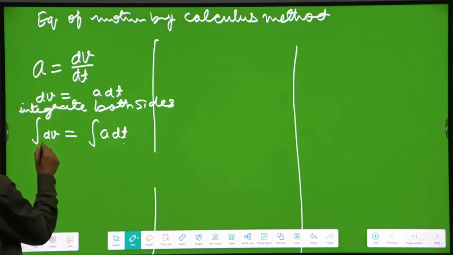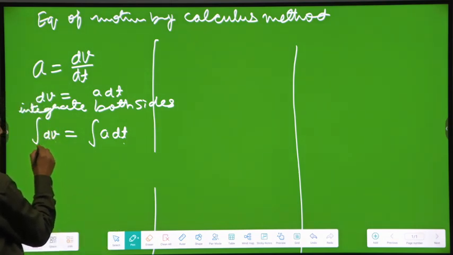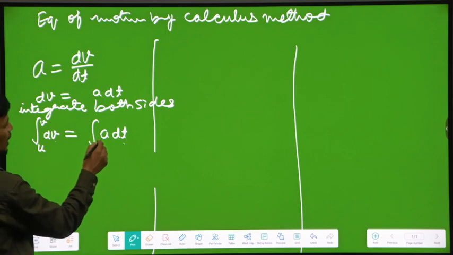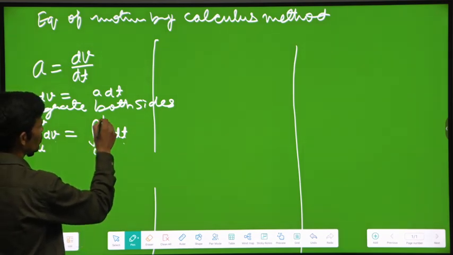So here is the limit of integration. For velocity, the limit starts from u to v, because velocity starts from u, and here for time, the limit starts from 0 to t.